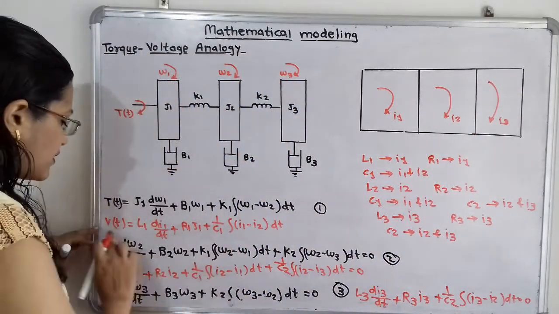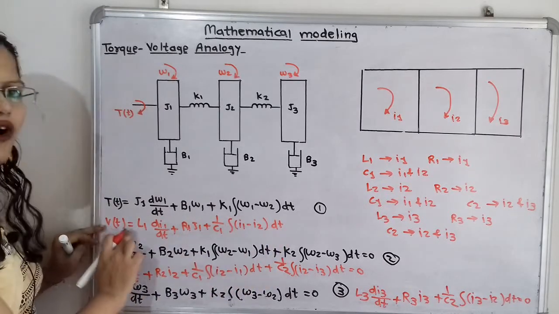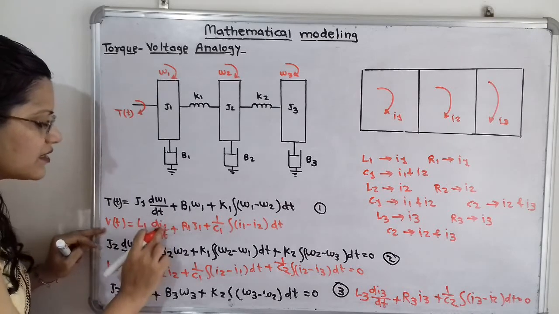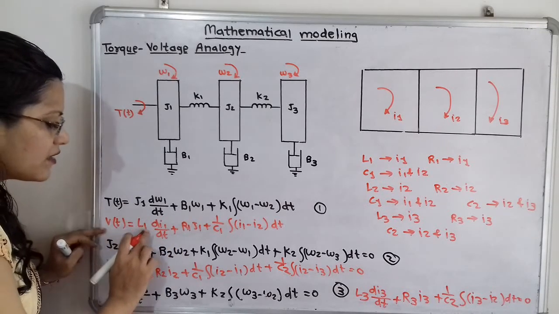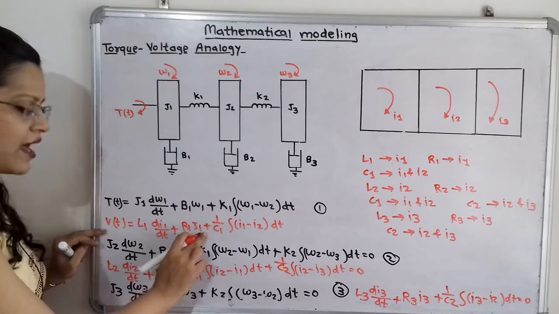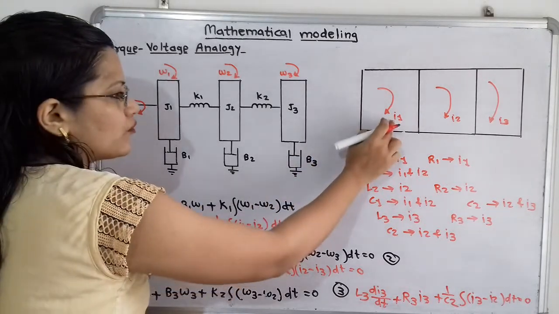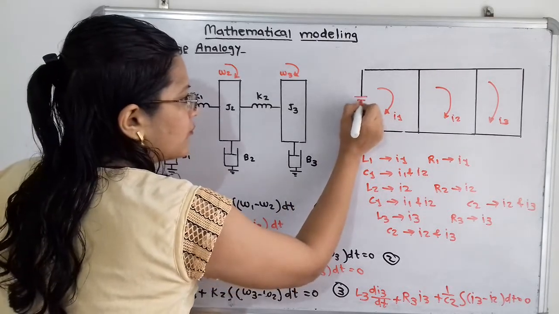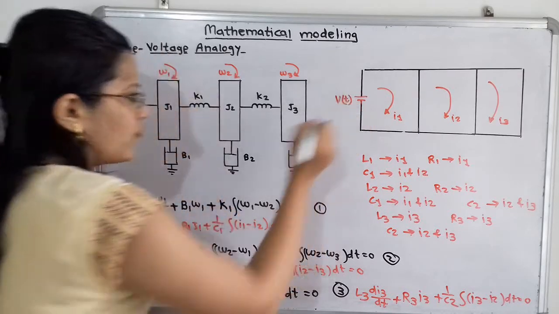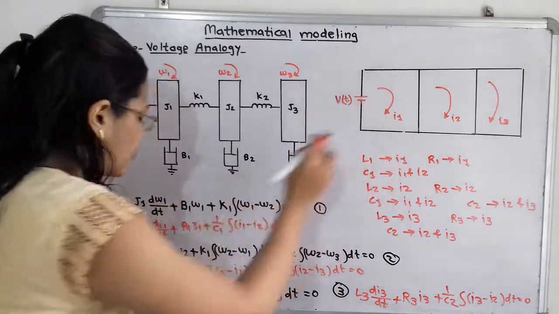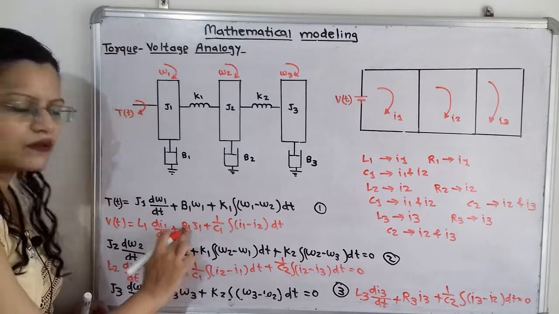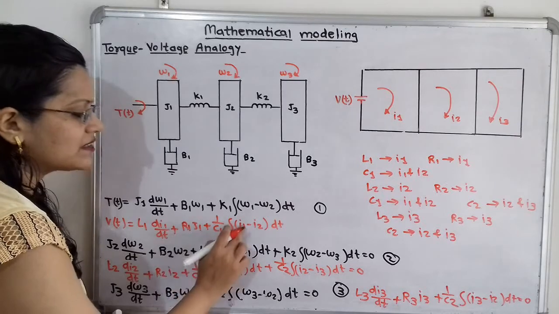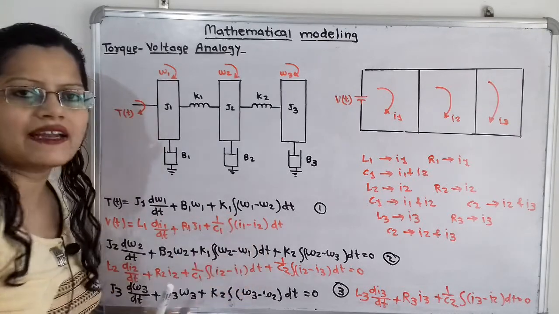Now if we observe the first differential equation, V of t is the input, and it is applied with the current I1, which has inductor L1 and resistor R1. So this is the first loop having current I1. I have to show here the input voltage V of t. For this first loop, L1 and R1 both have the same current I1, and capacitor C1 is in between I1 and I2.